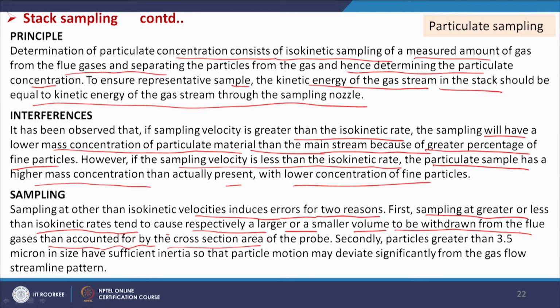And secondly, particles greater than 3.5 micron in size have sufficient inertia, so that particle motion may deviate significantly from the gas flow streamline pattern. Okay, so these are the concerns regarding stack sampling.